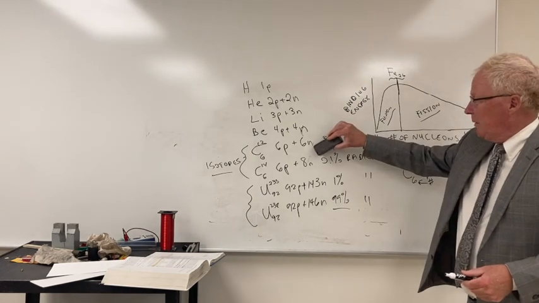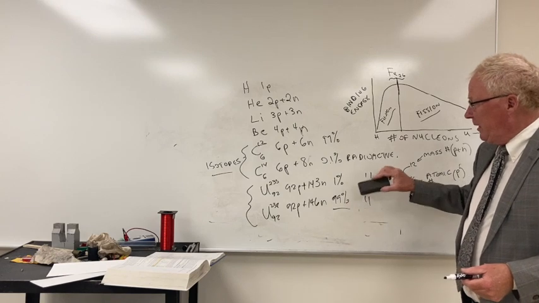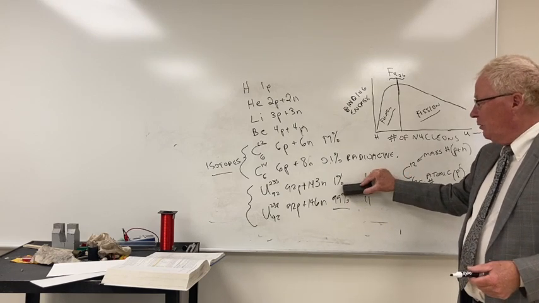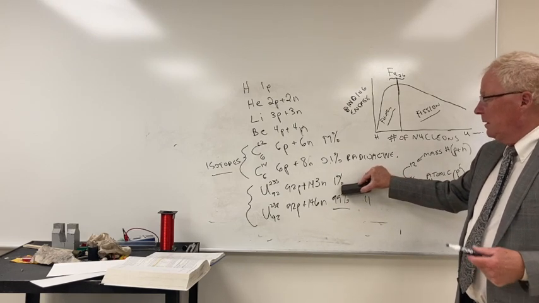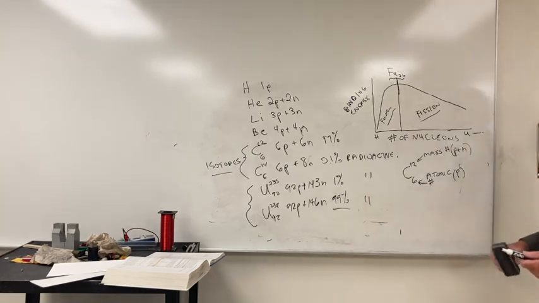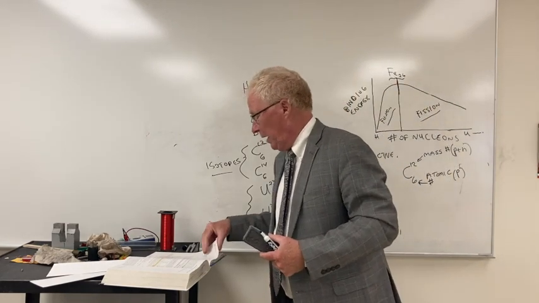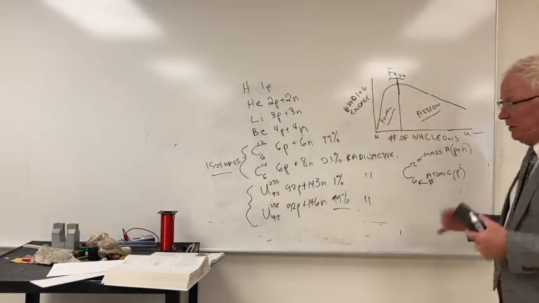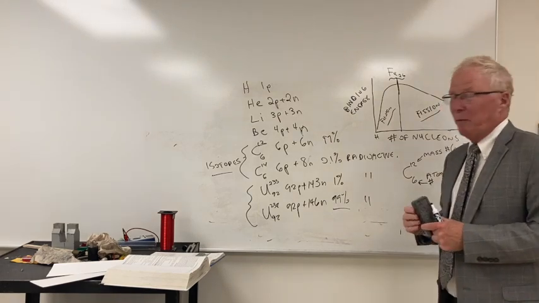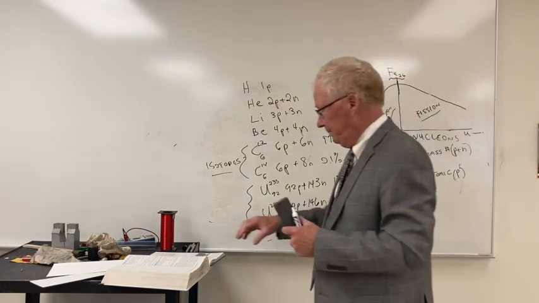We're going to focus a little bit on carbon for what we call carbon dating and uranium for dating of very old rocks. All right. This binding energy graph, which is in chapter 30, will be primarily used for chapter 31.